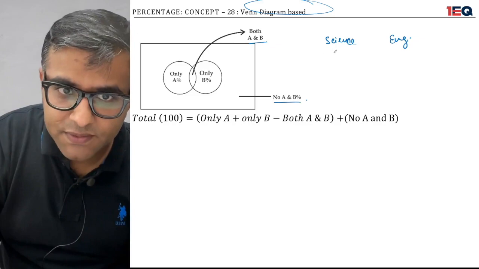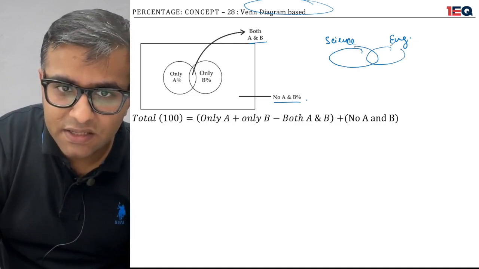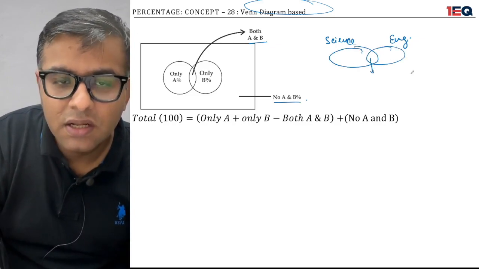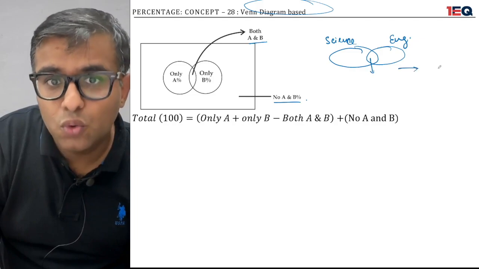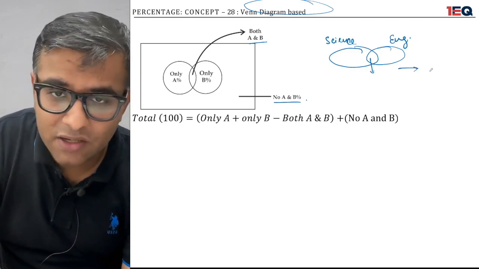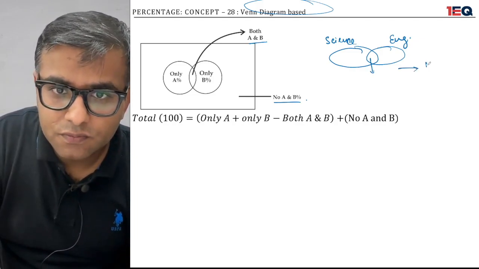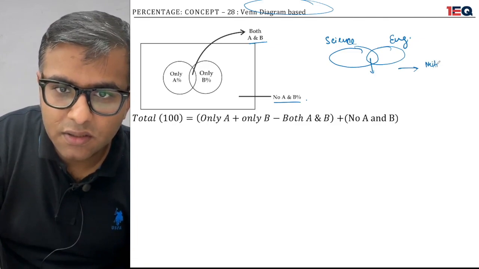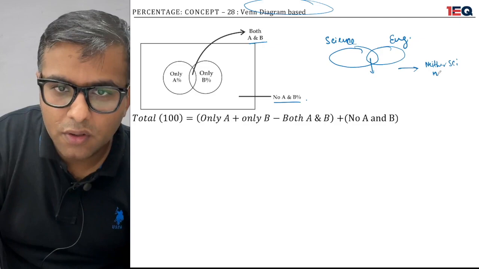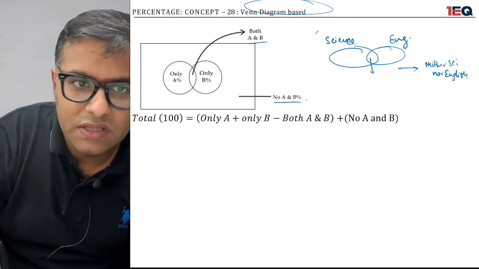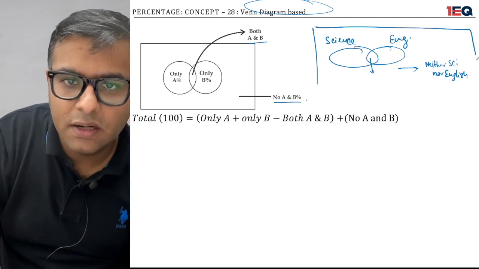There would be a category of students who like science as well as English, which would fall somewhere in the middle. And there would be a category of students who don't like any of the subjects and just like to go out and play. So this means neither science nor English. So this constitutes the entire classroom.